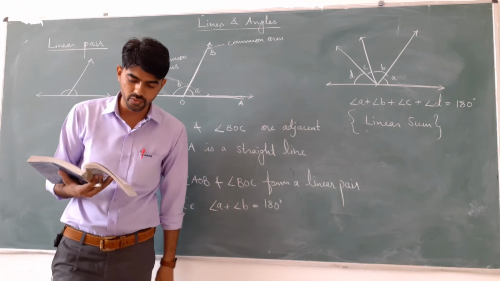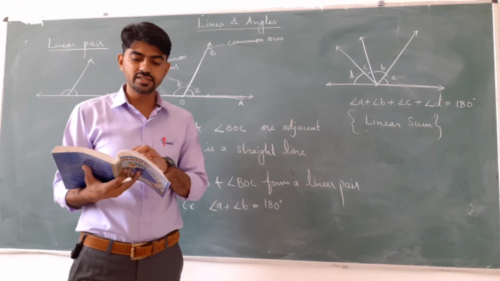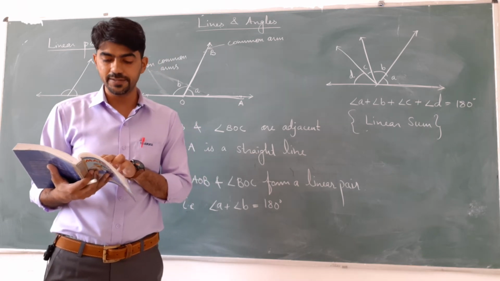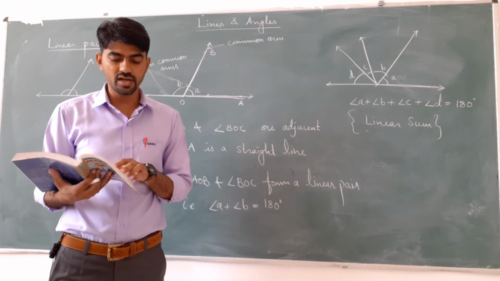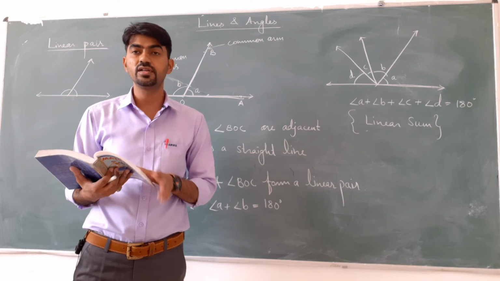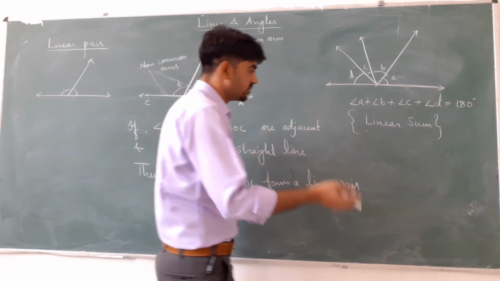What is 6.2? If the sum of two adjacent angles is 180 degrees, then the non-common arms of the angles form a line. It means it is the converse of this.